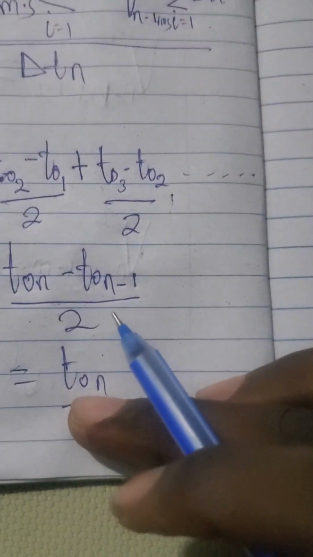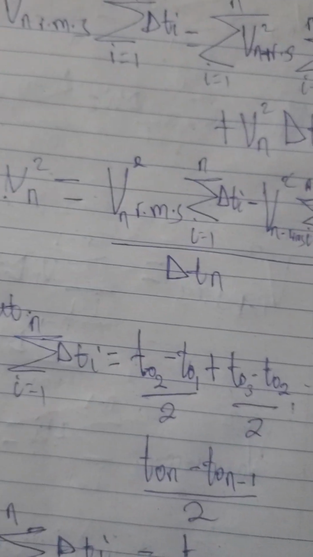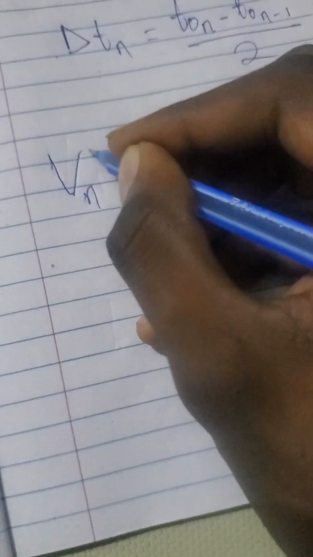So if you take this term here, and this one, then substitute into our equation here, the equation is modified to this form.